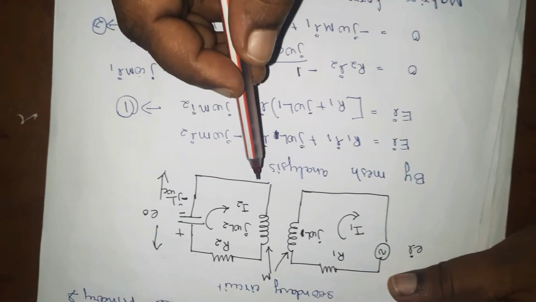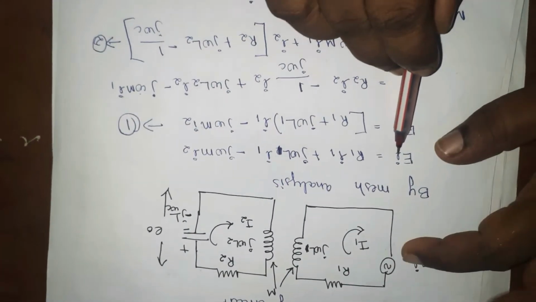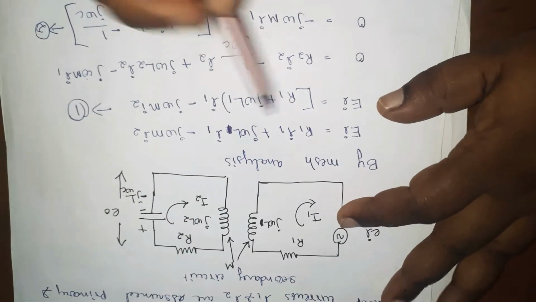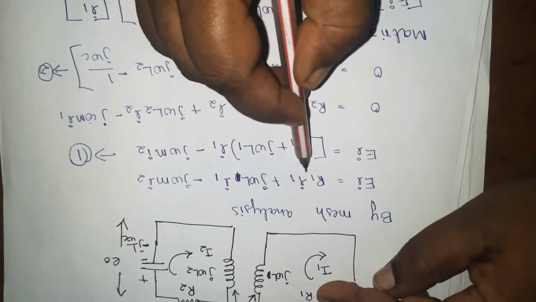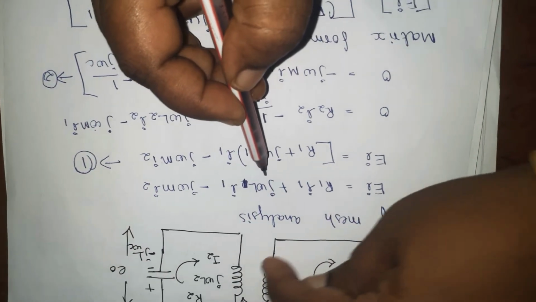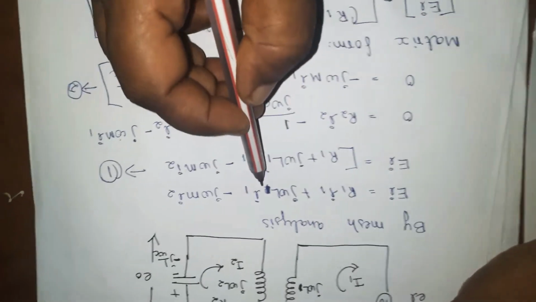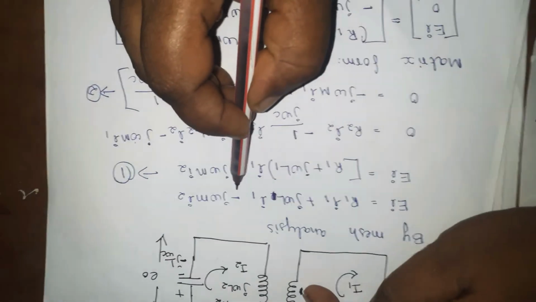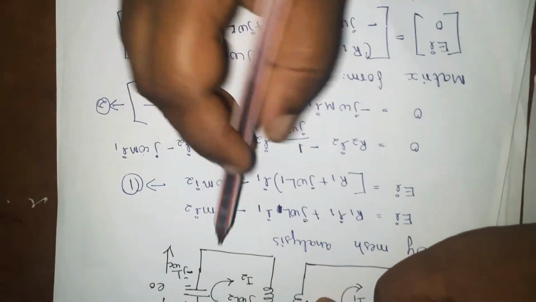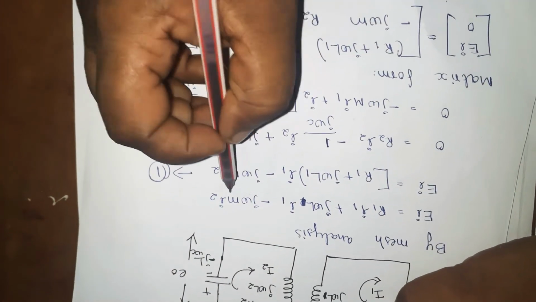Here also you are going to use the mesh analysis method. So for Ei, you write the equation: Ei equals R1 I1 plus j omega L1 I1 minus the mutual inductance term, where you consider the current I2 flowing through the coil, minus j omega M I2.